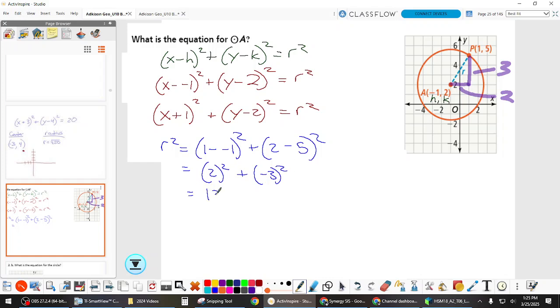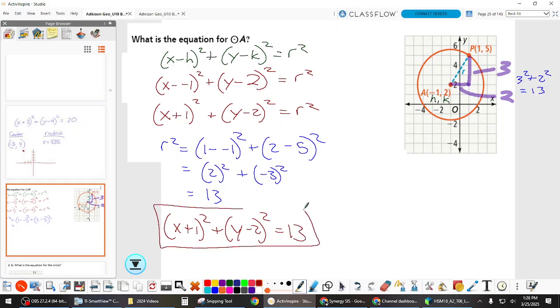And then this just is 13, okay? But you could have just done 3 squared plus 2 squared equals 13. Either one. Do you see why the graph is kind of nice and quick? But either way, we end up back here at (x + 1) squared plus (y - 2) squared equals 13. So that's the equation of that circle.